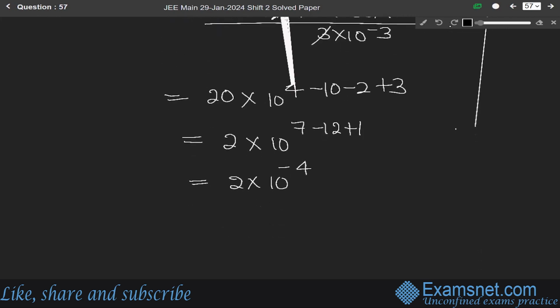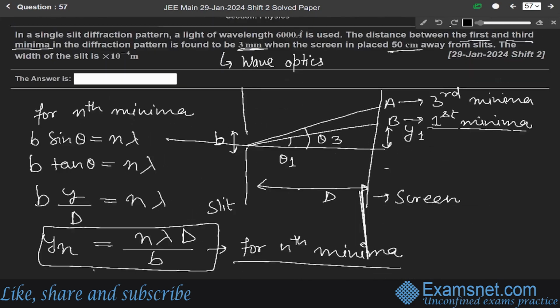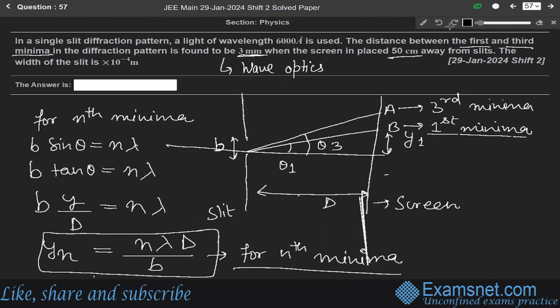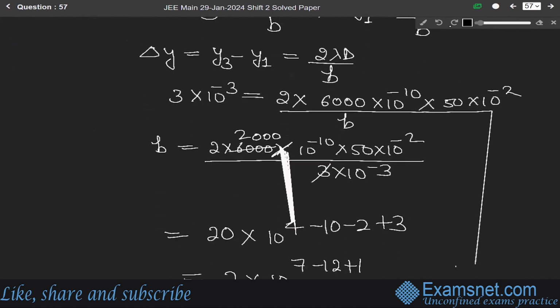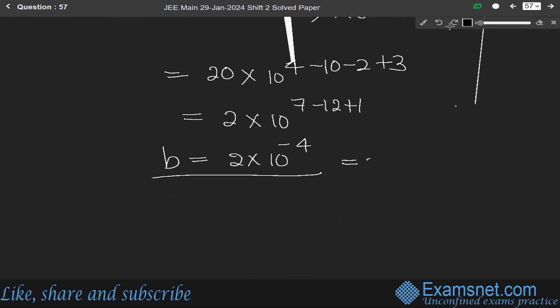So b, the width of the slit, is 2 into 10 to the power minus 4. Comparing it with the given equation, x into 10 to the power minus 4, so x will be 2.